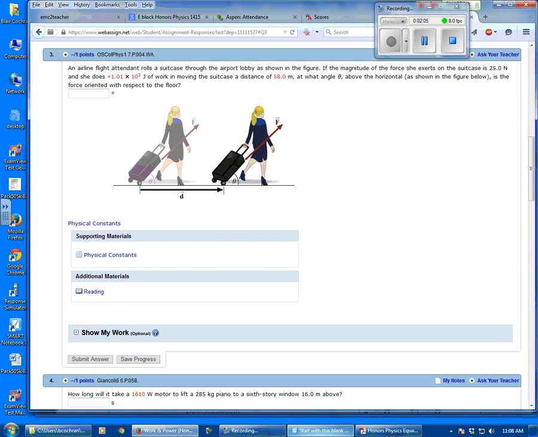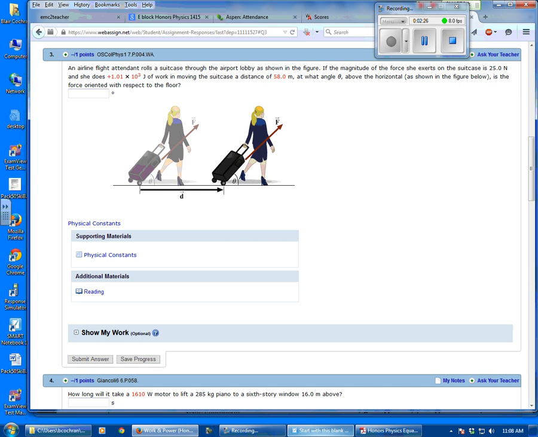I think we're going to be better off using our equations here. And one thing to realize is that the angle we're asked to find, theta, is the angle between the force and the displacement, or the force and the direction of the distance.